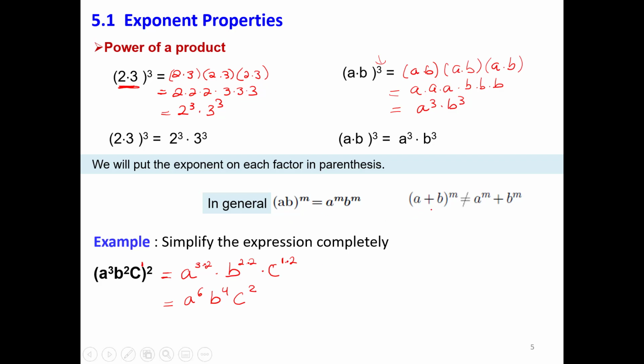We cannot apply this rule if we have addition, and it is also not true if we have subtraction. This is not the same. We can apply this property only if we have the product inside of the parentheses.